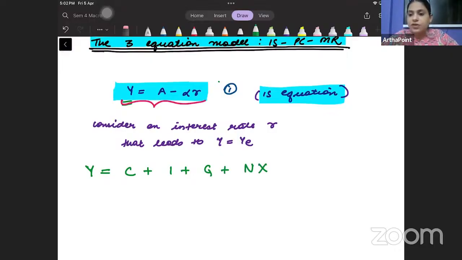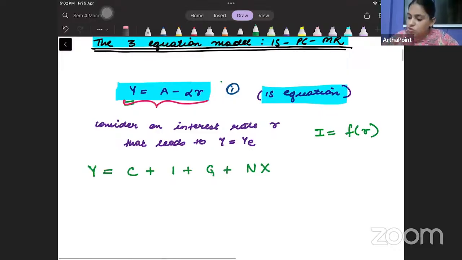Beta, whenever we write the IS equation, you need to remember that there is a role of interest rate. हमने हमेशा से बात की है कि investment is a function of interest rate. But the question is nominal interest rate or real interest rate. So usually, whenever we write any IS equation model, we always assume that investment is a function of real interest rate.